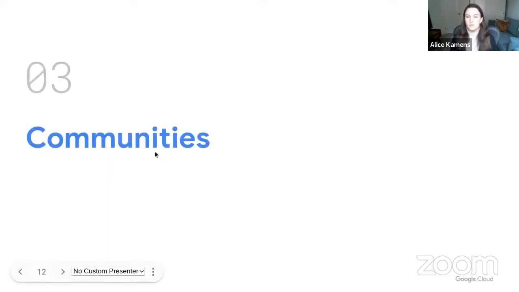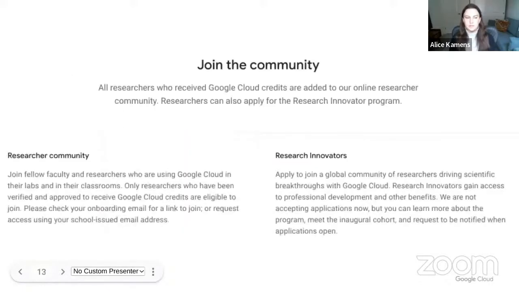So moving into communities, we offer a couple of different ways for researchers to connect with one another. We know that researchers are often learning the most from one another, far more than they can learn from anyone else. And so we have a couple of communities that help people connect on that level. So the two communities I'll highlight here, one is we have a researcher community for anybody who gets those research credits through Google Cloud, that up to $5,000 credit mark.